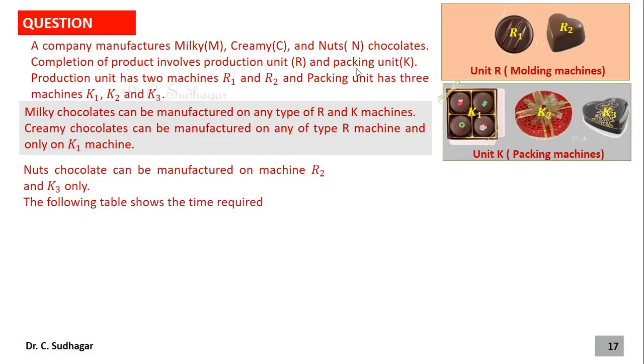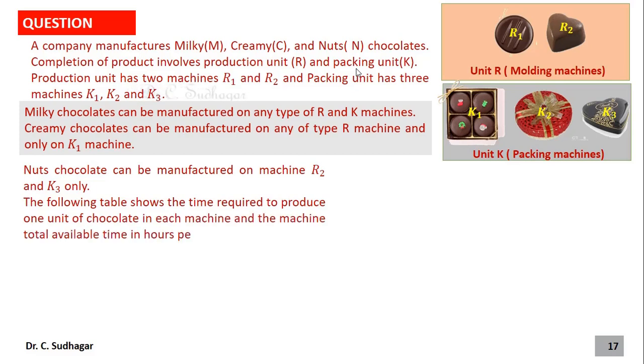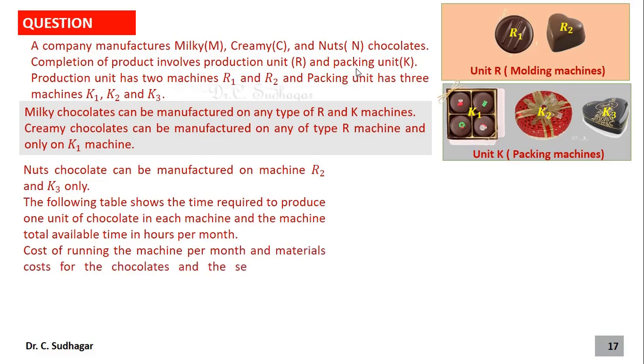Now the following table shows the required time to produce 1 unit of chocolate on each machine and the machine's total available time in hours per month. Also the cost of running the machine per month, the materials cost for the chocolate and the selling price for the chocolate per unit are given below.